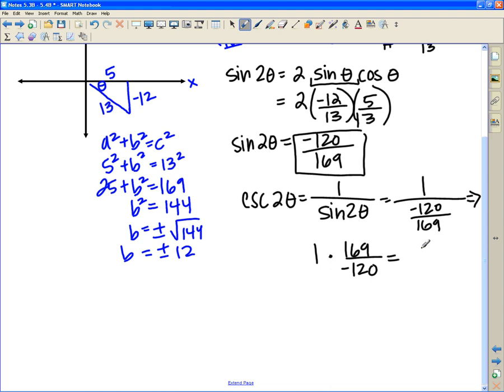So your final answer is 169 over negative 120, and it's simply the reciprocal of sine. This is the cosecant of 2 theta, the reciprocal of sine.